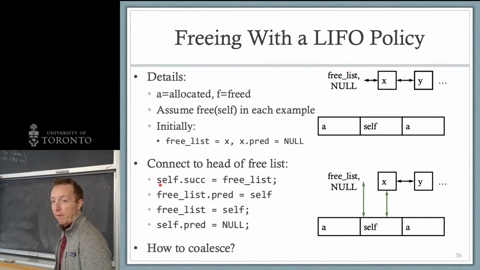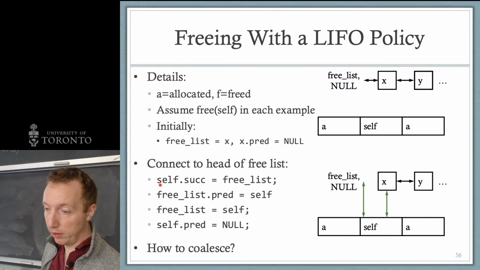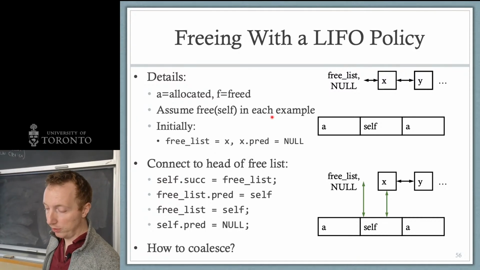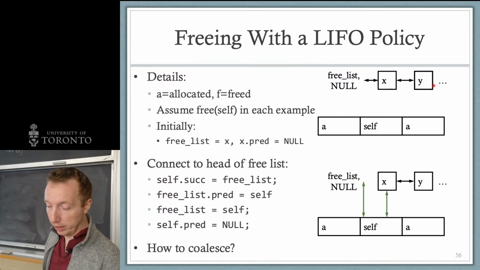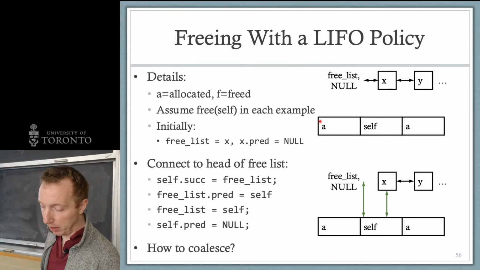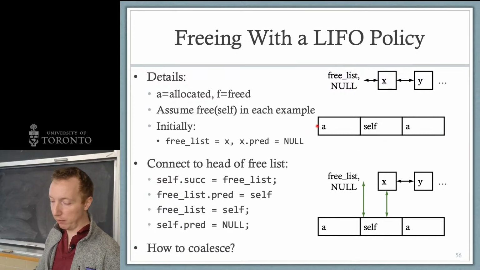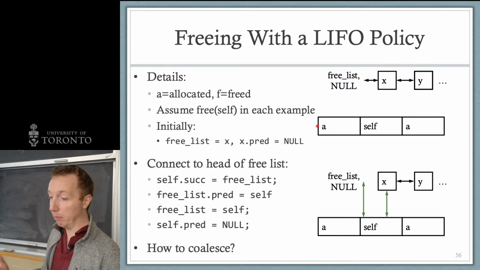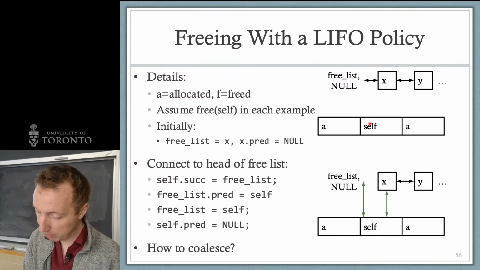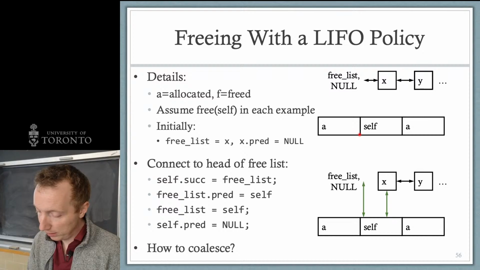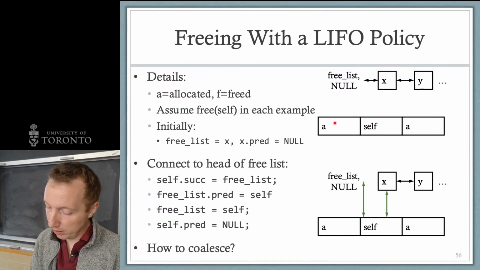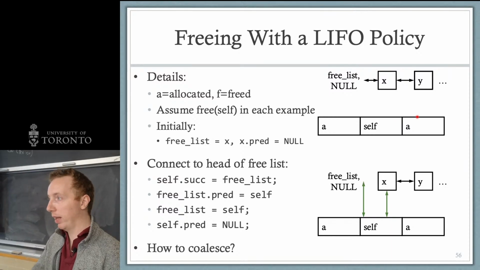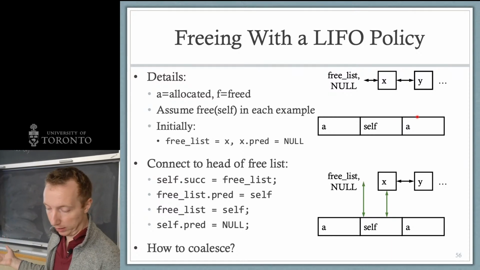So if I'm freeing with last in, first out, my free list initially points to some free blocks X and Y. Here I'll assume that this is just my memory, whatever is contiguous, because I'm trying to coalesce in this example. So self is the allocation that we are trying to free. And if there's allocated blocks on either side, that means no coalescing or anything like that.